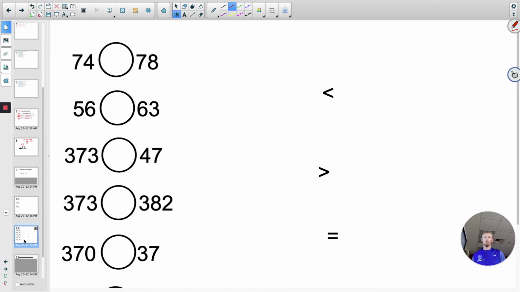All right. You can maybe just jot down in order each of these. Try to do these on your own. 74 is less than 78. 56 is less than 63.